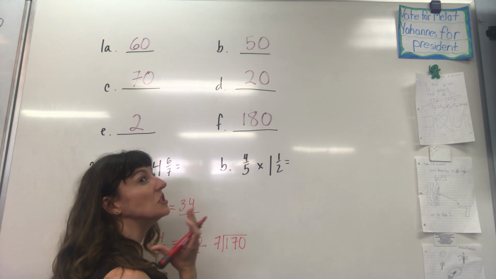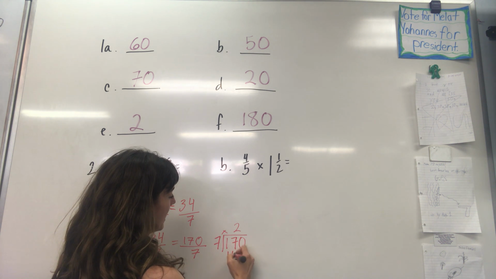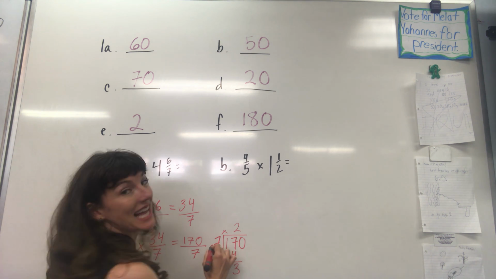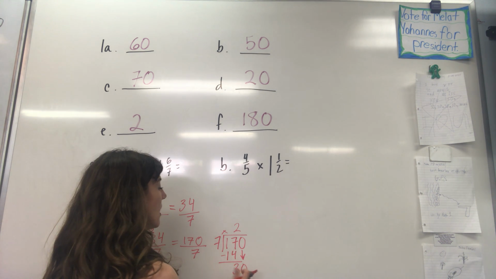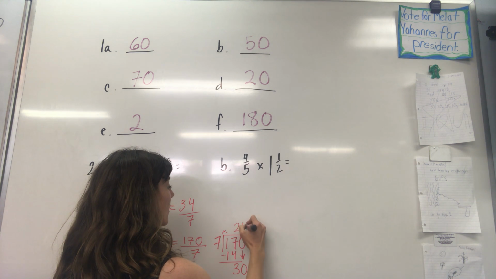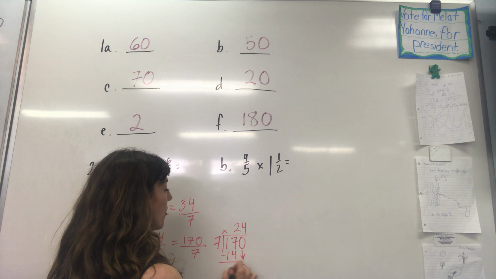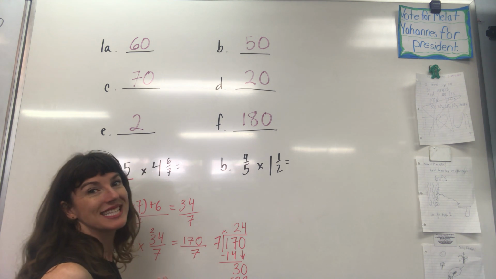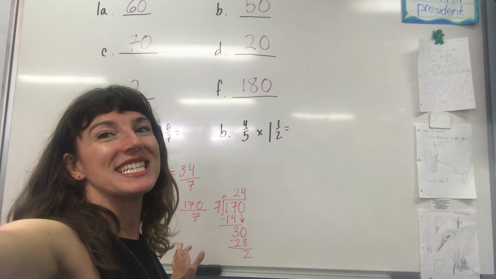My guess is 2. 2 times 7 is 14. 17 minus 14 is 3. 3 is less than 7, so I can bring down. 7 into 30, my guess is 4. 4 times 7 is 28. 30 minus 28 is 2. 2 is less than 7.